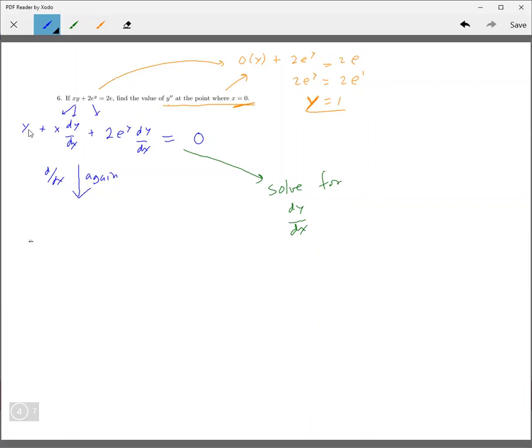Okay, so this piece is dy/dx. This piece is product rule, so that's the derivative of the first part, which is 1, times the second part, plus the first times the derivative of the second part. So the derivative of this is the second derivative. And remember, that's what we're after.